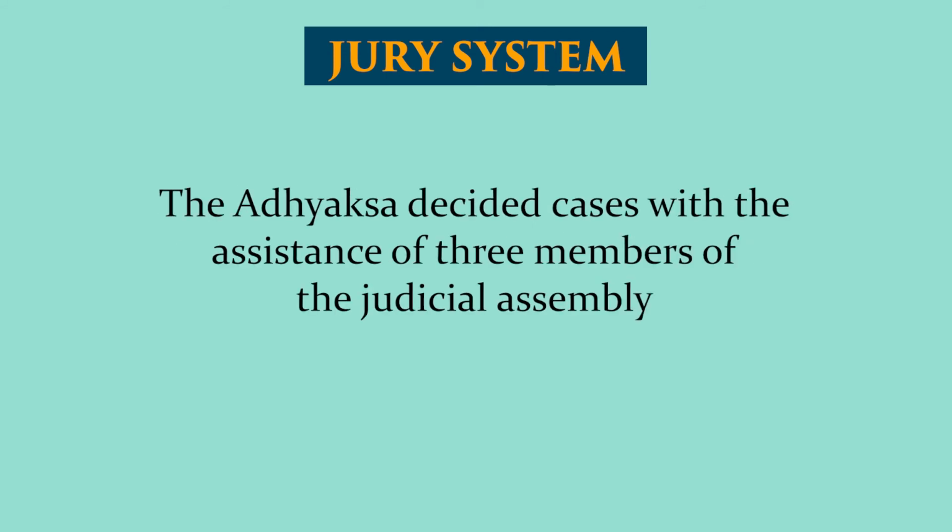The Adhyakshas would decide cases with the assistance of 3 members of the Judicial Assembly. Under no circumstances should there be dispensation of justice by a single member. Manu emphasized the need for a very powerful jury system.